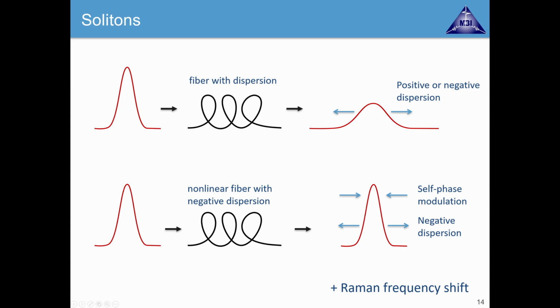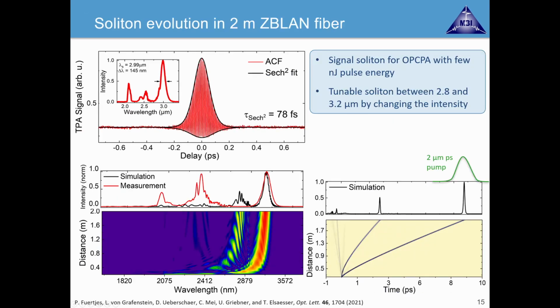The fiber I was just talking about is such a nonlinear fiber with negative dispersion, and on top of that, we add some Raman frequency shift along the fiber. This is simulated in the following: with a program, we simulated how the spectrum evolves inside the fiber.